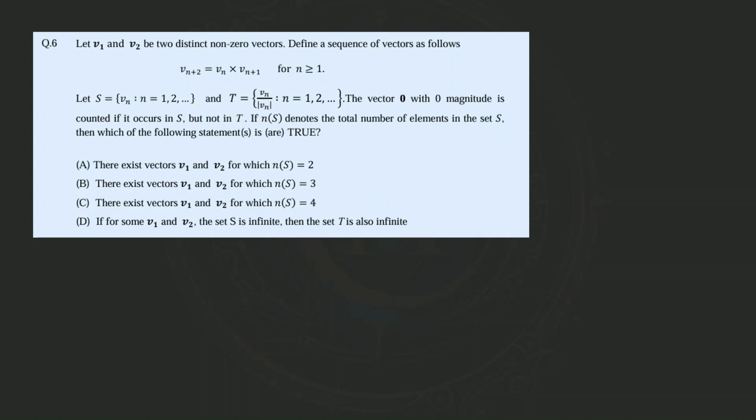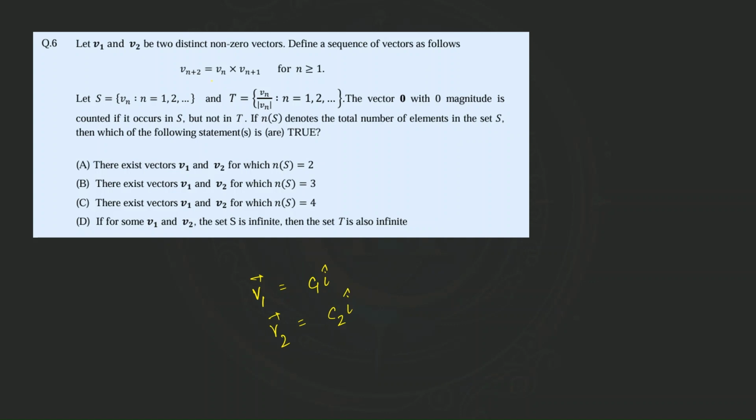For example, v1 and v2 are two distinct non-zero vectors. So let us take v1 as c1 times i cap, where i cap is any arbitrary direction I choose. And then we take the same direction for v2 but change the magnitude of this vector, so we choose c2 i cap, right?